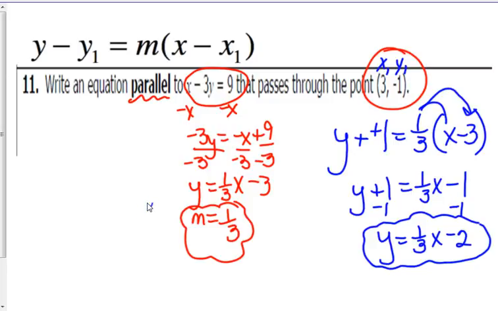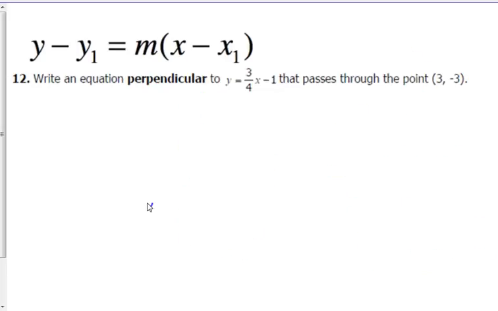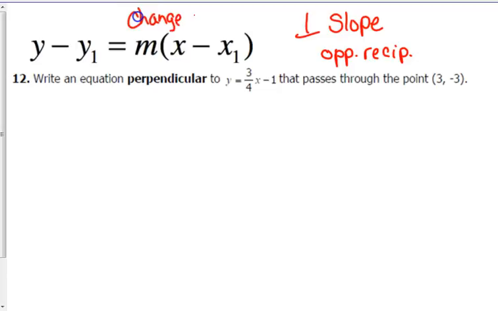All right, the next one doesn't say parallel, it says what? Perpendicular, which means you have to do what to the slopes? Perpendicular slopes, yep, we have to take opposite reciprocals, which means we have to change the sign and do what? Yep.